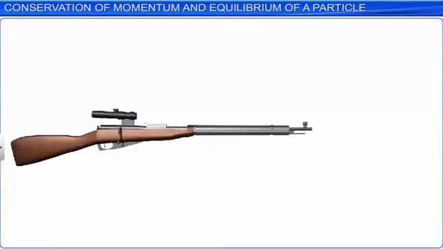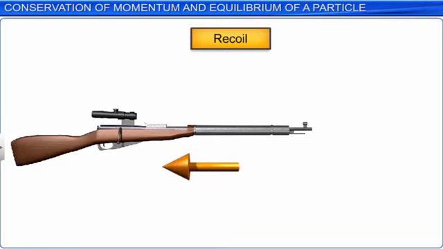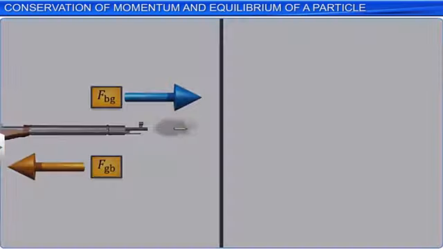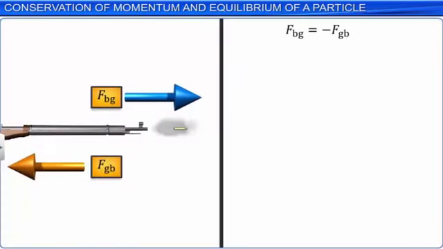According to Newton's third law of motion, the bullet too exerts an equal amount of force on the gun in the reverse direction, which is referred to as the recoil of the gun. If Fbg is the force exerted on the bullet by the gun, and Fgb is the force exerted on the gun by the bullet, then Fbg is equal to minus Fgb.